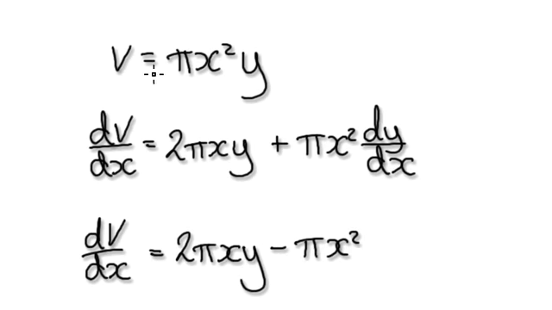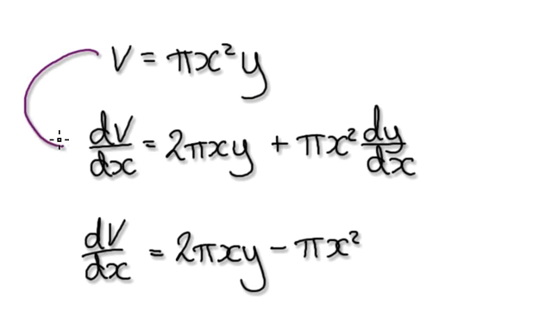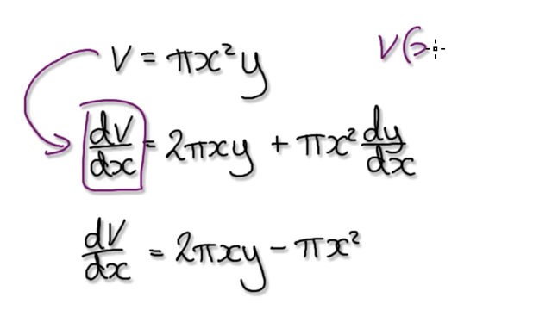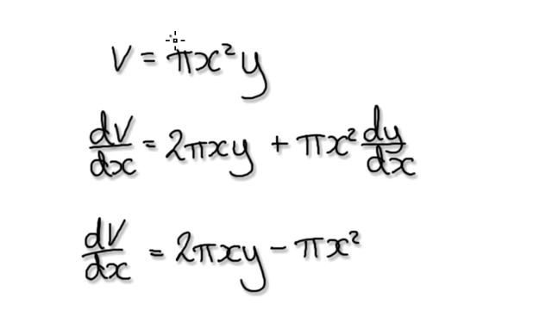Now looking back at the volume here, we need to differentiate this. So that will become this. And don't forget, v, the volume, is a function of x, so we need to differentiate this with respect to x. Here you've got to use the product rule.